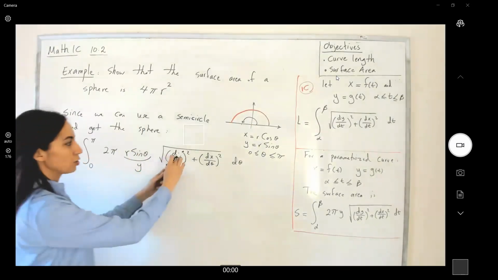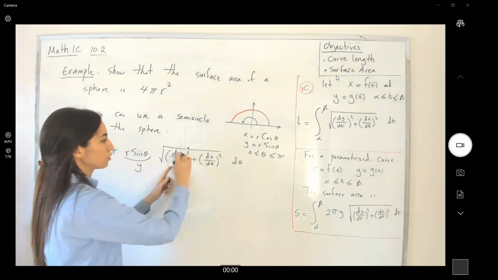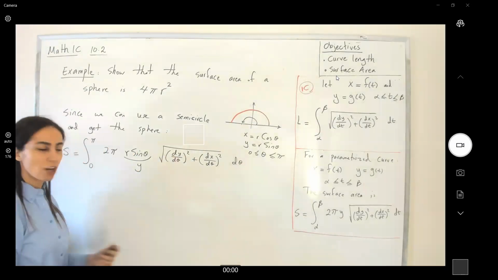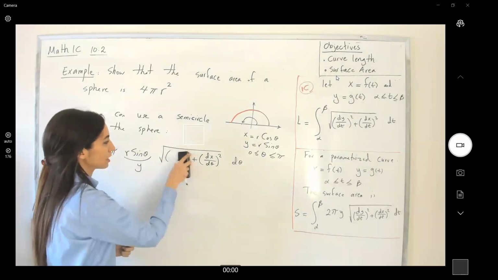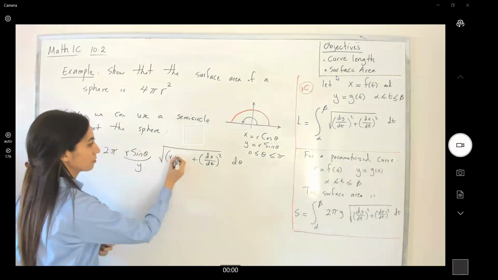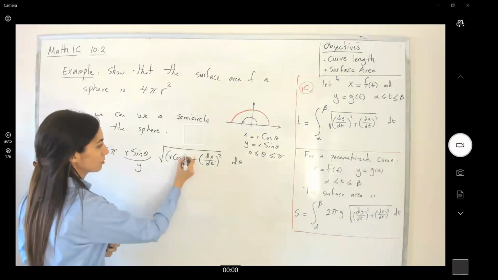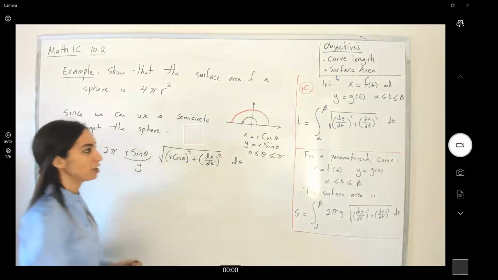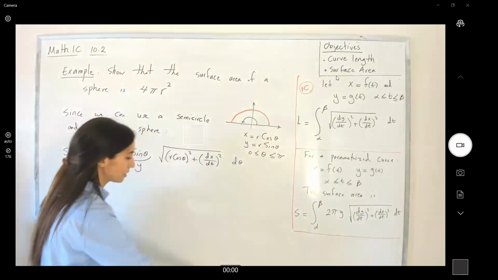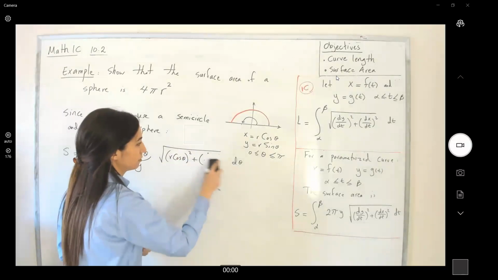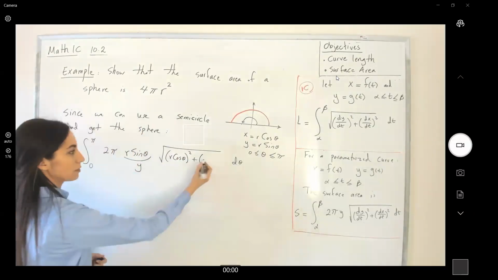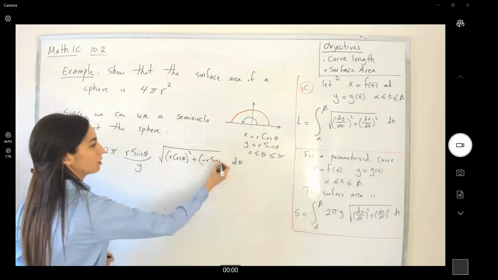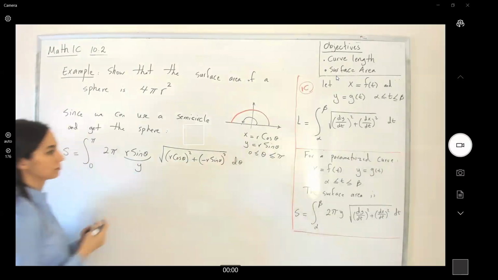The derivative of y with respect to theta is r cosine theta, then we raise it to the second power, plus the derivative of x with respect to theta, which is negative r sine theta, squared.